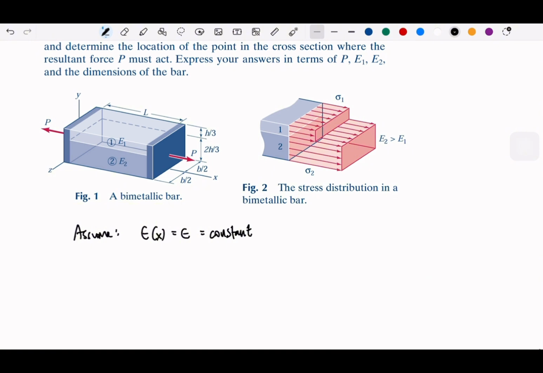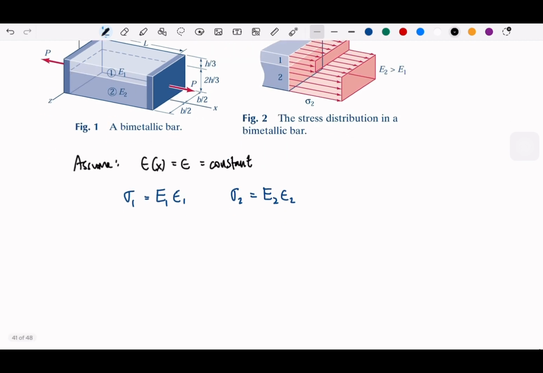If we are not assuming the strain is constant, then we are not going to solve these two equations. So basically we have two equations. The first equation is this for metal 1, and the second equation is for metal 2. So if we are not assuming the strain for both of these materials is the same, or it's not constant, then we are going to have difficulty solving these two equations simultaneously.